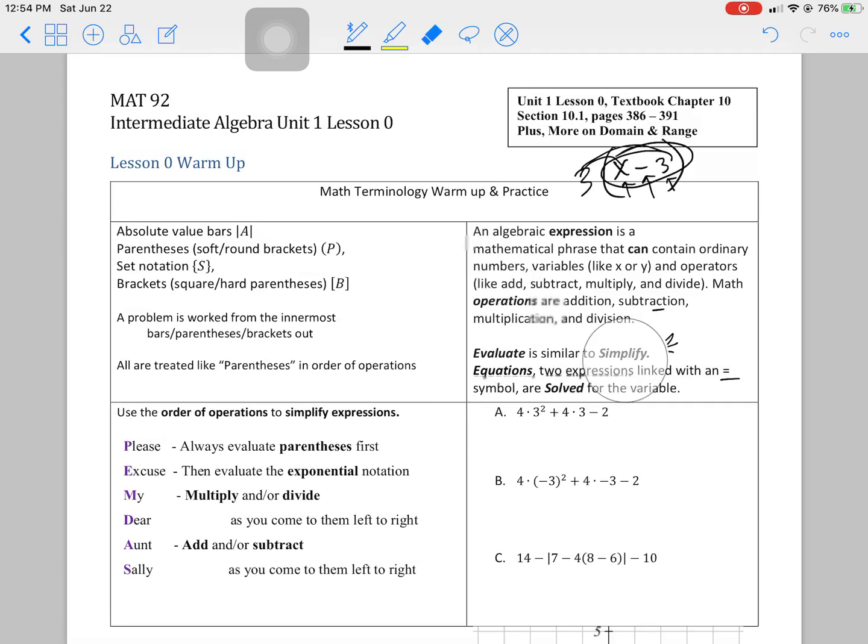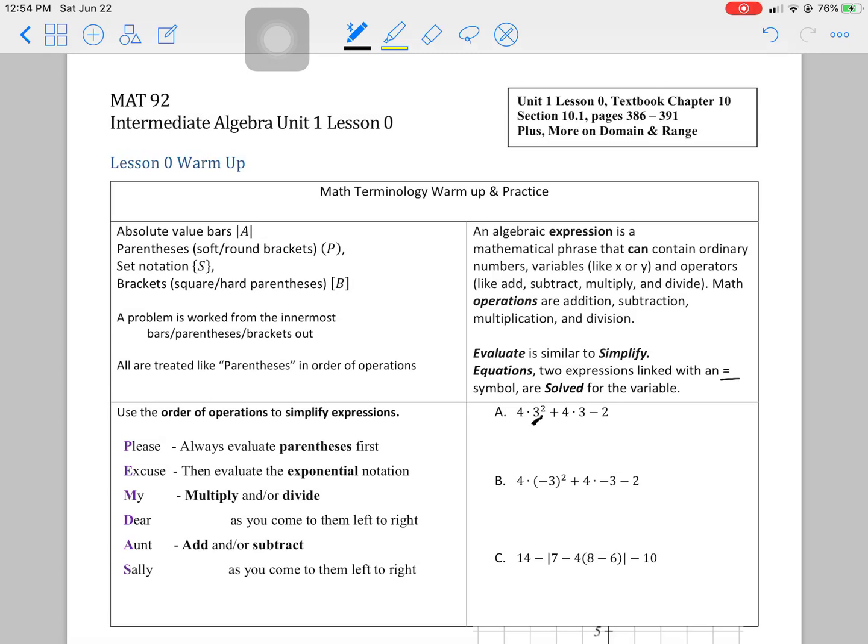Sorry, let me clean all this up here. So for example, this is an expression that has no variables in it, it's just all constant terms, just numbers. This base 3 raised to the second power, that's an exponent.